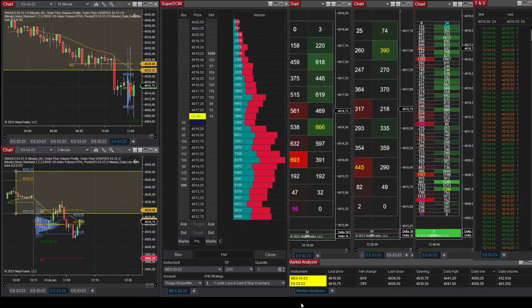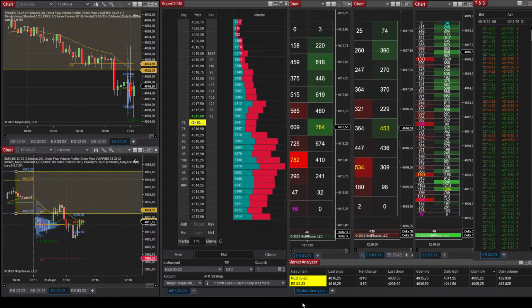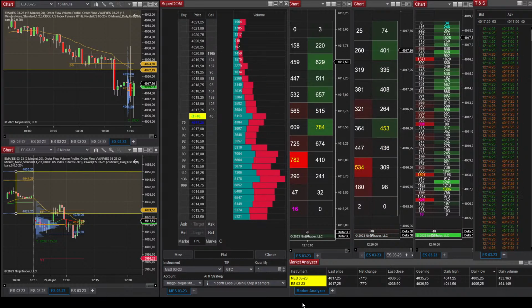So this region of 17 has been more important than the 20 actually. We're seeing here again lots of aggressions from buyers and sellers absorbing.